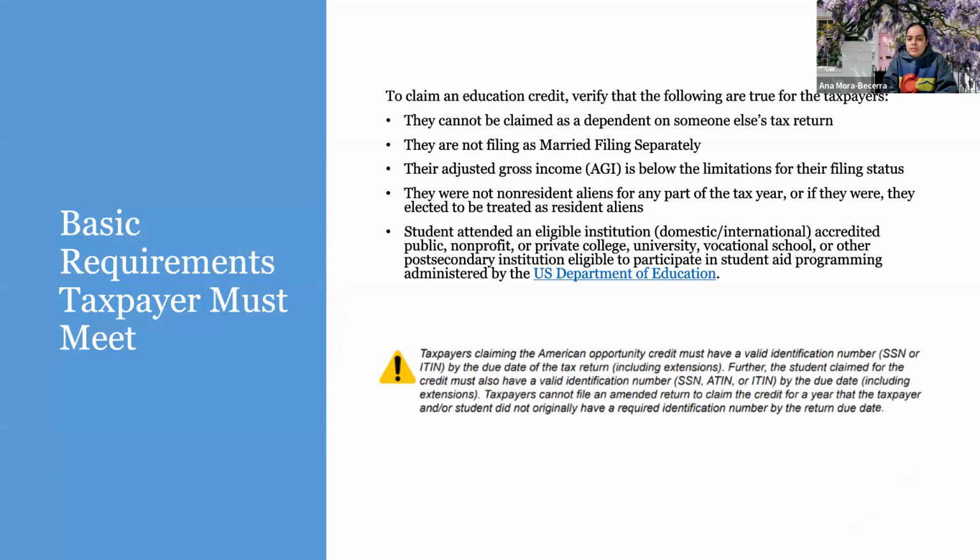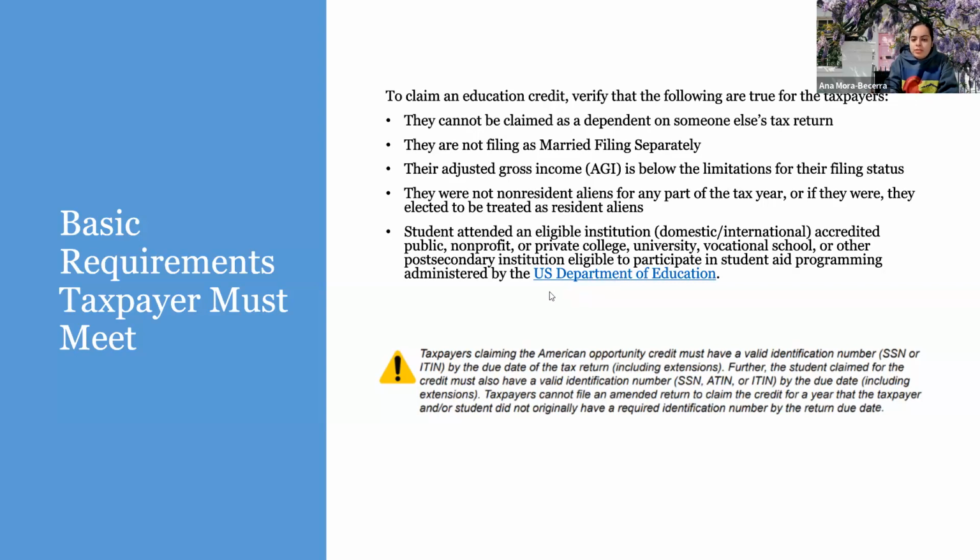The other piece is they cannot be non-resident aliens for any part of the year. If they are non-resident aliens, they can qualify as a resident. There are international students who, after their 5th year or 3rd year, depending on what visa they're on, qualify as residents for tax purposes. Then they would be able to claim the education credit.